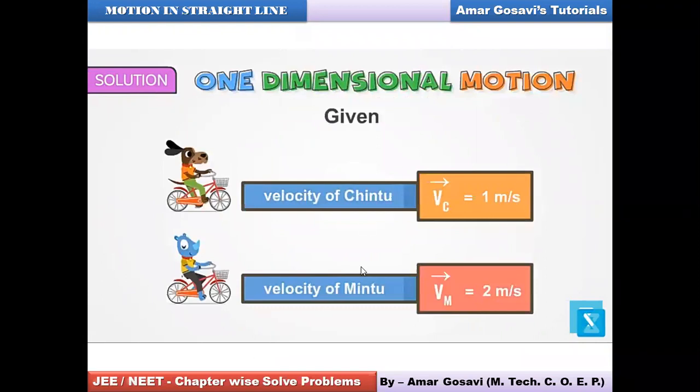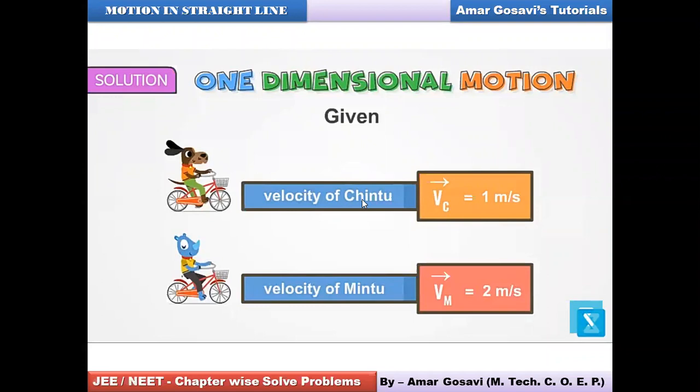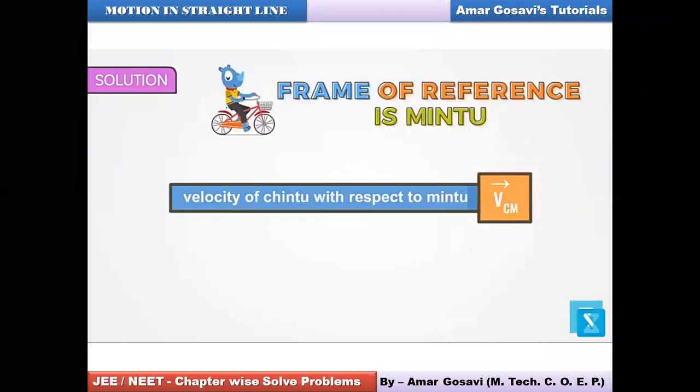So velocity of Chintu was given to you as Vc equal to 1 meter per second, and velocity of Mintu was given as 2 meter per second, but they were moving towards each other. So this is one dimensional motion which we are trying to analyze. This is the given situation, and we are supposed to select some frame.